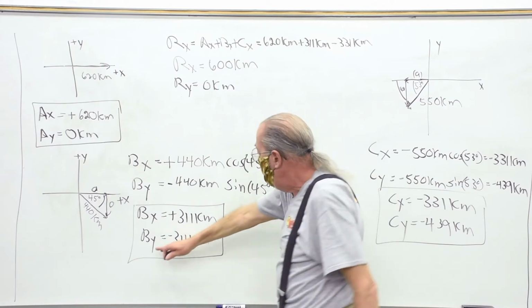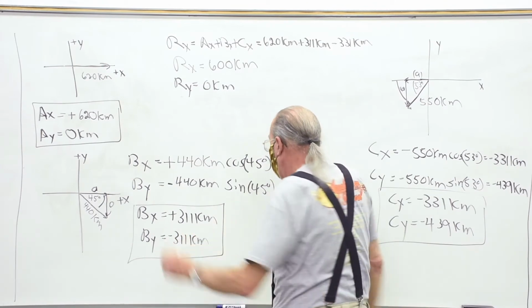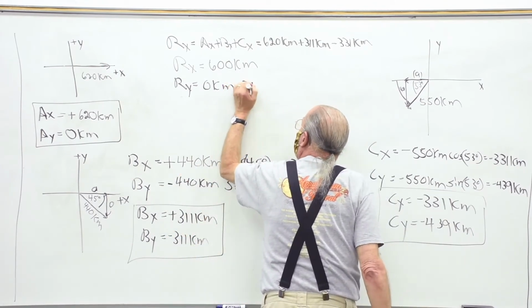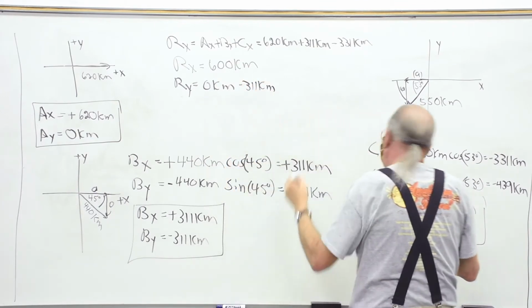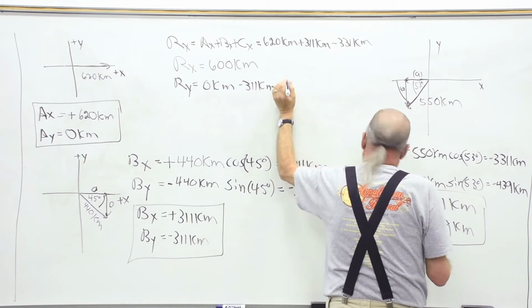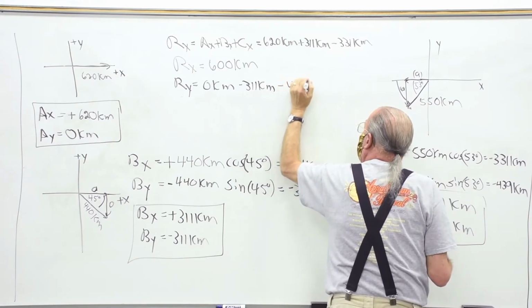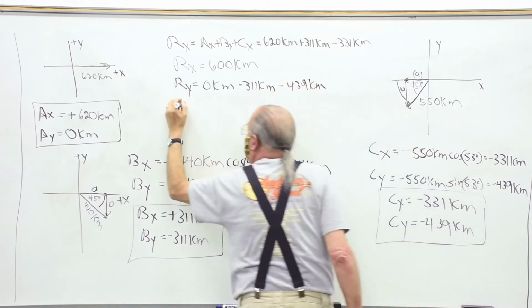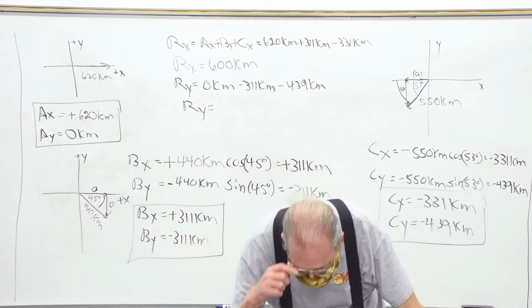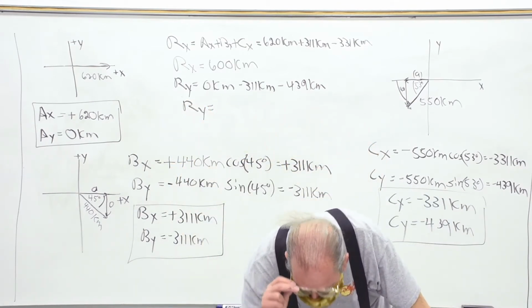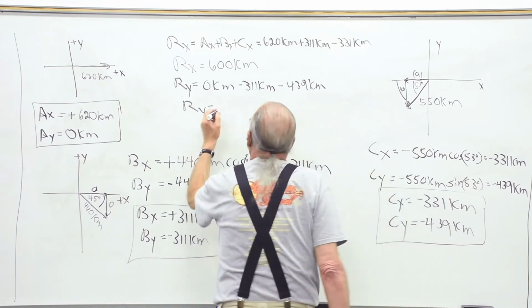On the second leg, we went south 311 kilometers. And on this third leg, we went south another 439 kilometers. So in the end, we went a total of negative 750 kilometers.